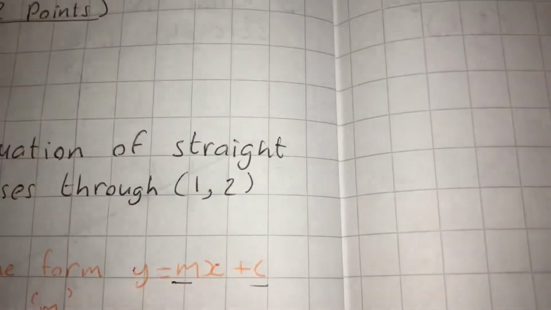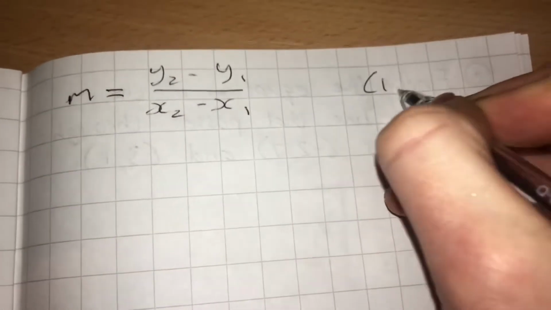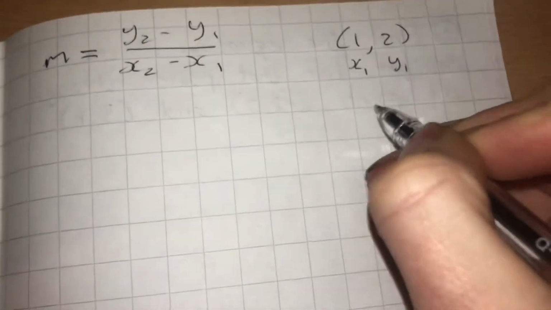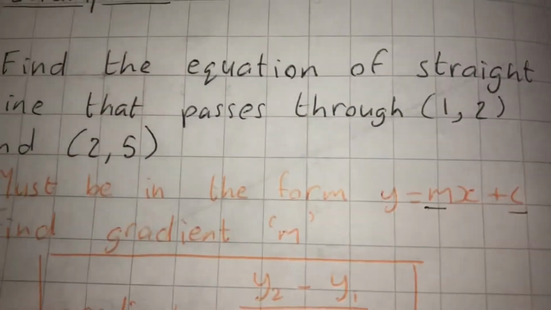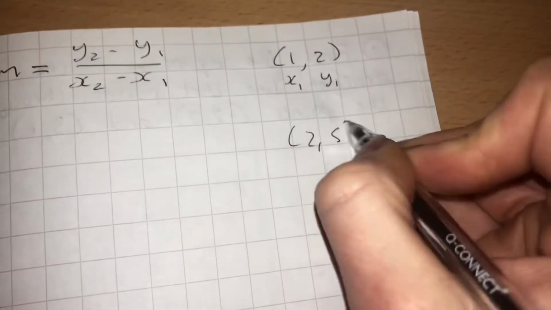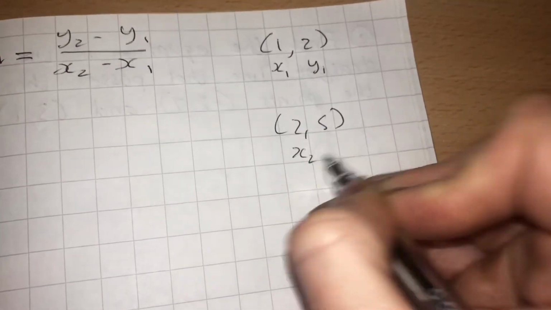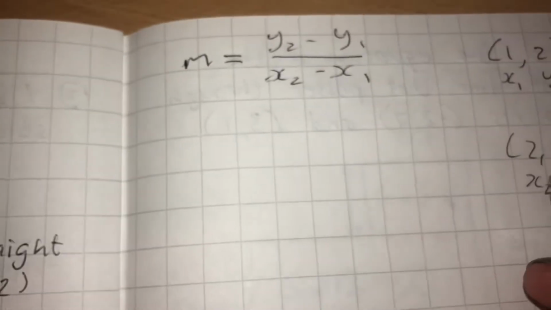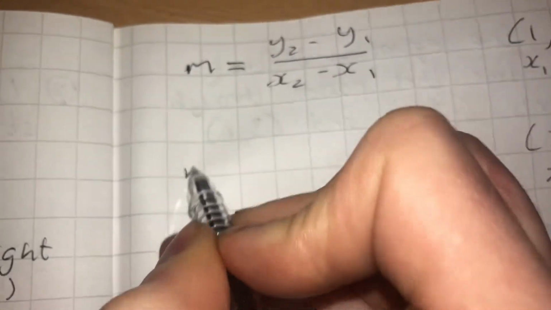So the first coordinate was (1, 2), so that is our values of x1 and y1. Our second coordinate was (2, 5), and that is our values of x2 and y2. All right, so we substitute these into the formula above.